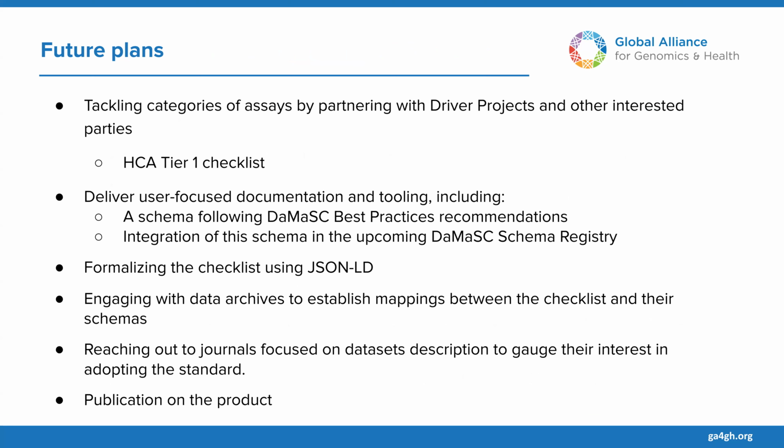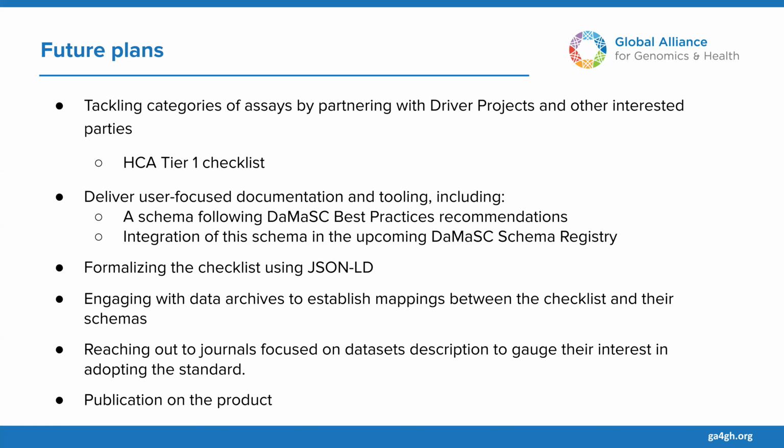Lastly, as for our future plans, we aim to tackle categories of assays by partnering with driver projects and other interested parties. For instance, I mentioned the HCA already. We've been recently talking about how we can work together towards a single cell assay category of a new version of the checklist.